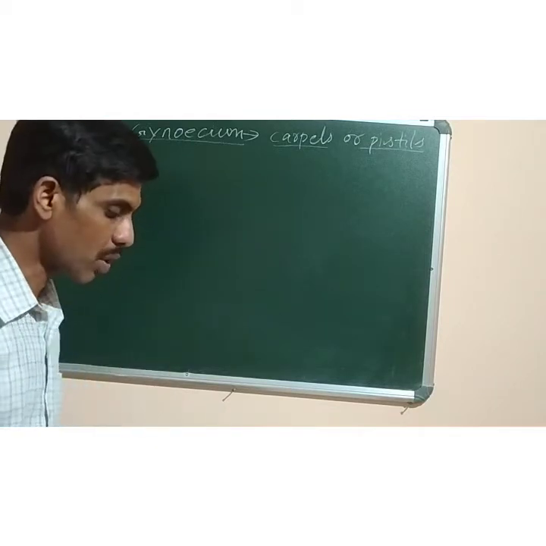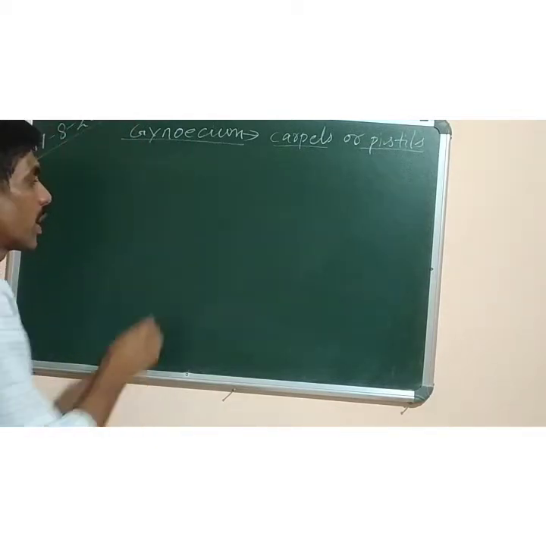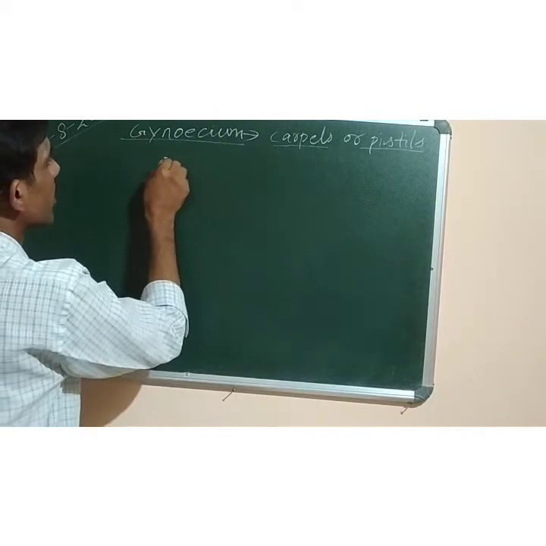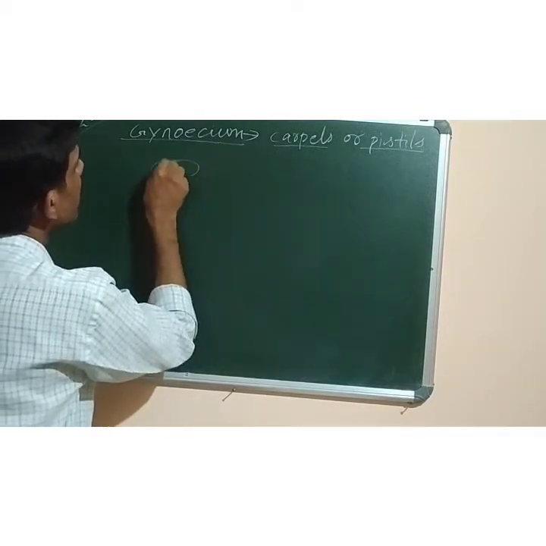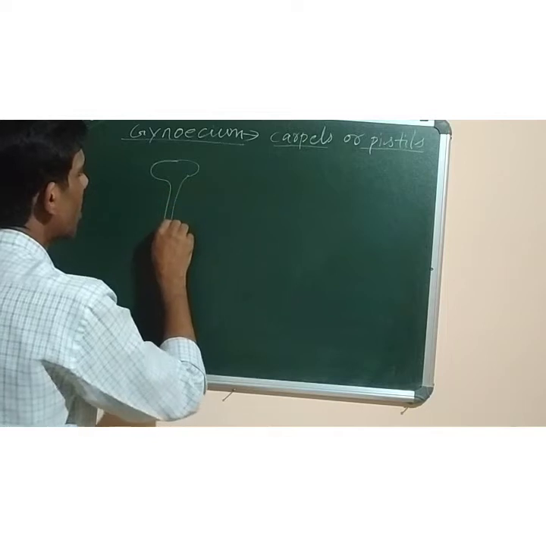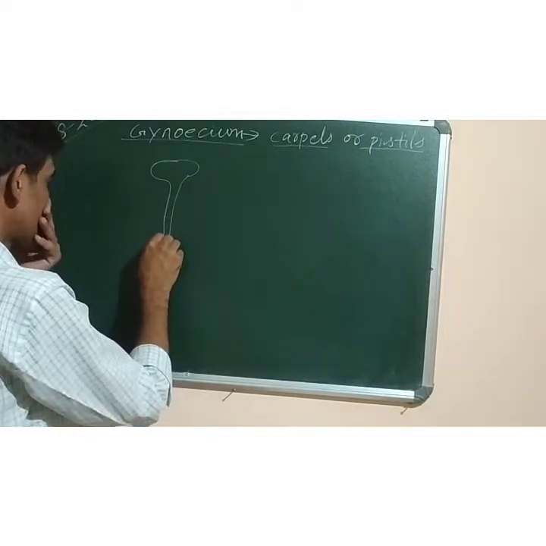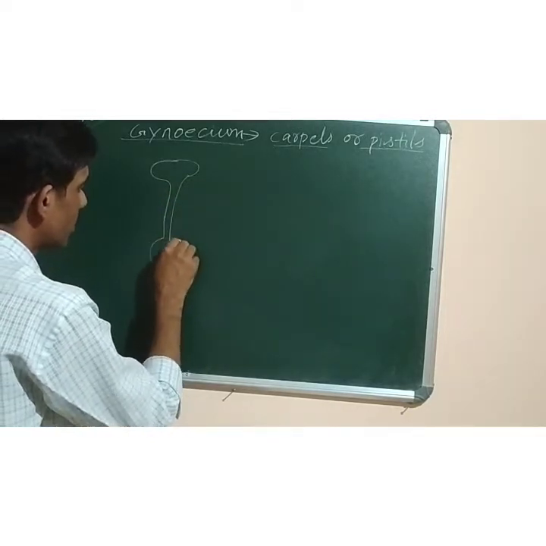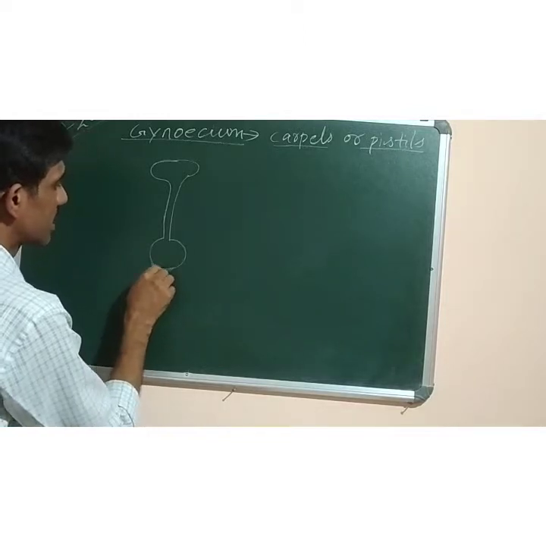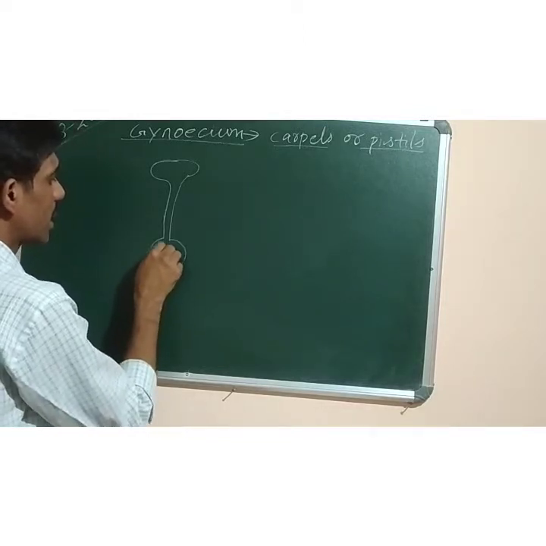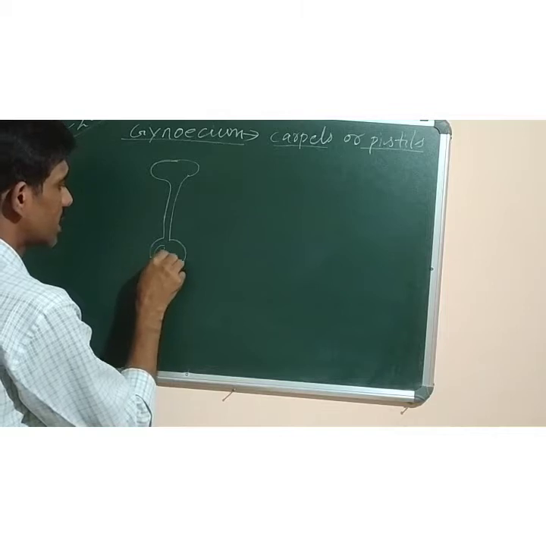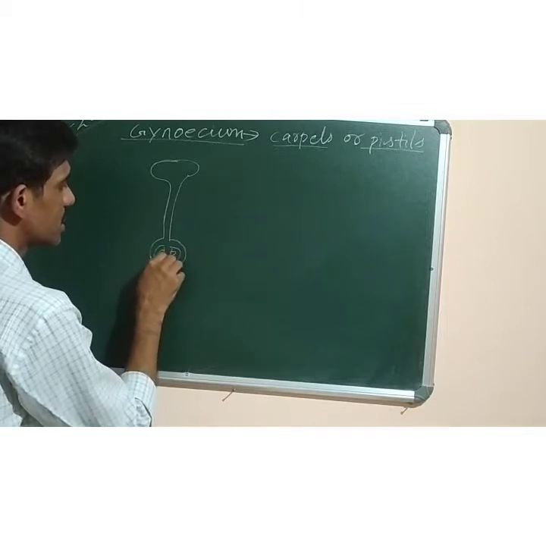Each carpel or pistil, I will draw the diagram of one of them. It consists of a very big stigma, then a long filament which is called style, and finally we have the ovary, swollen at the base. So ovary contains the ovule inside that develops into seeds.